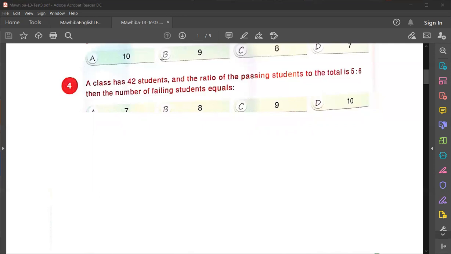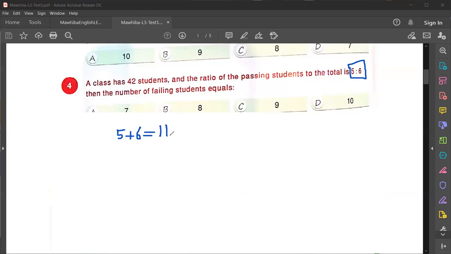When you see questions like this, you find one bar. How many bars do we have here? I have 5 plus 6, right? So I have 11 bars.